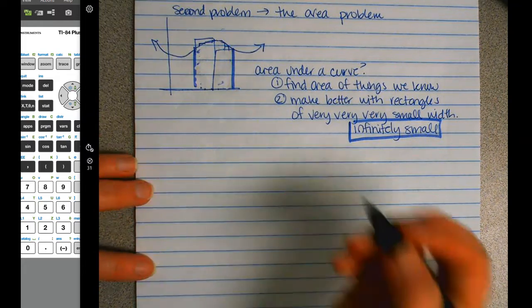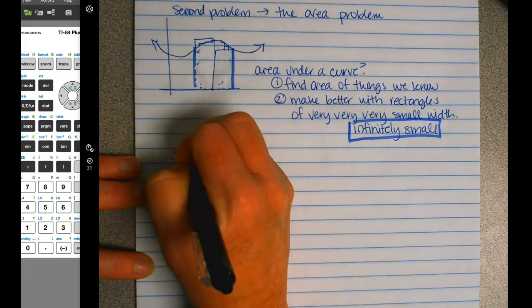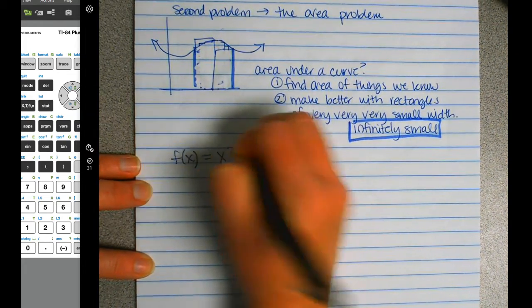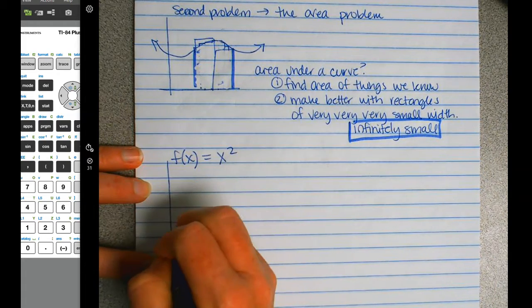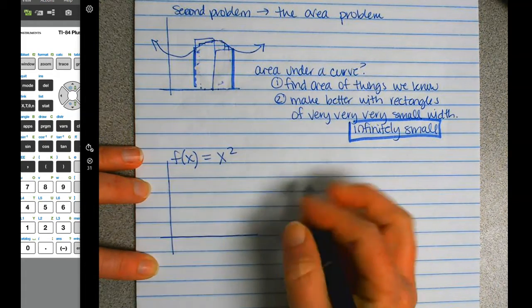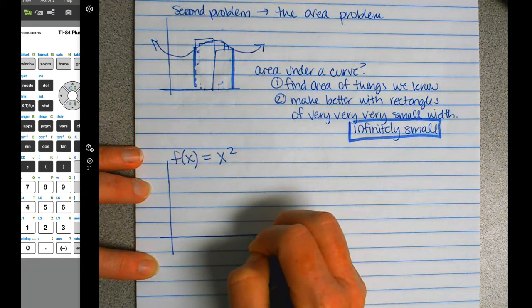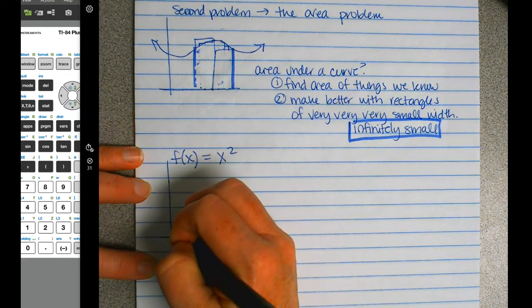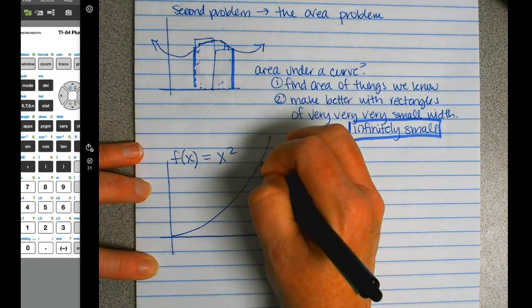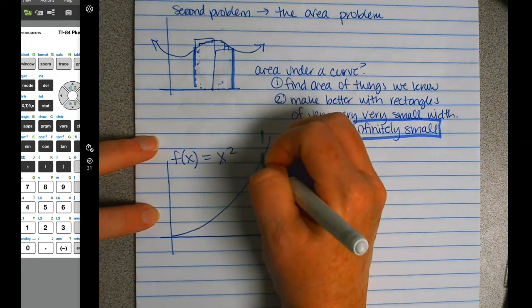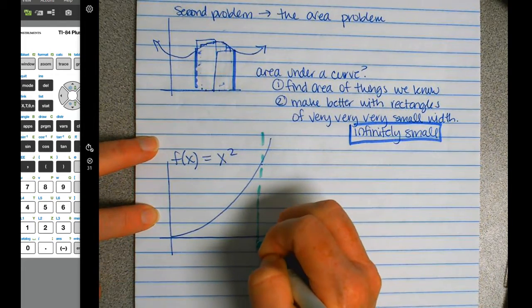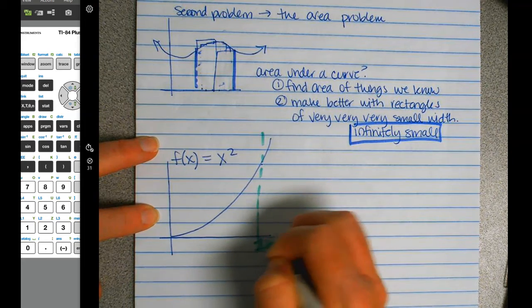So I'm going to draw out this function f of x equals x squared. You know what that looks like, but I'm going to draw it only up to 1, okay? So the function kind of looks like this, and I'm going to make this the boundary where x equals 1.